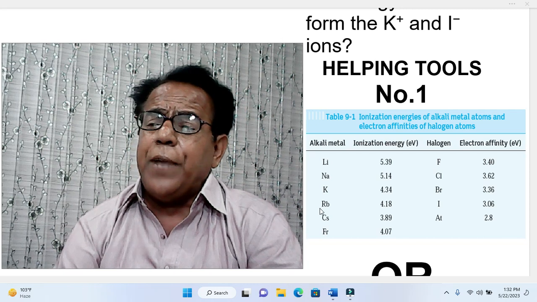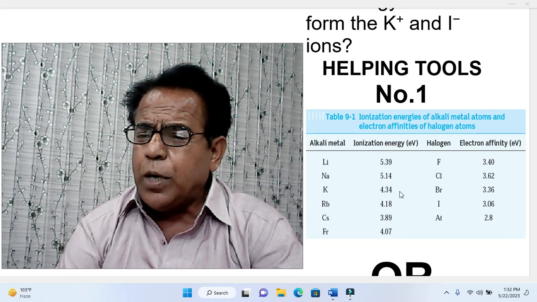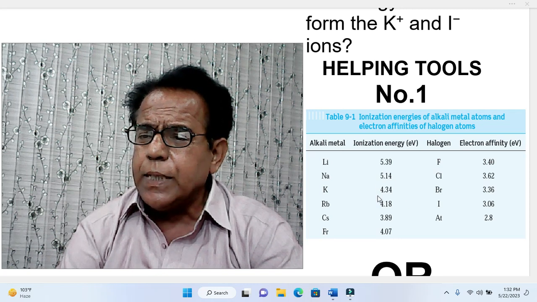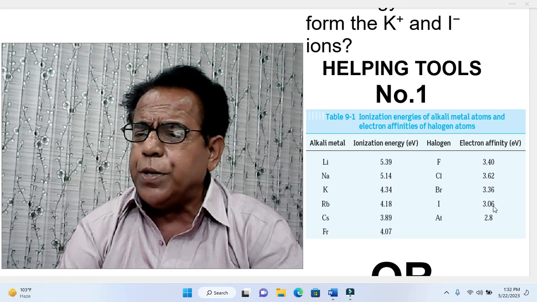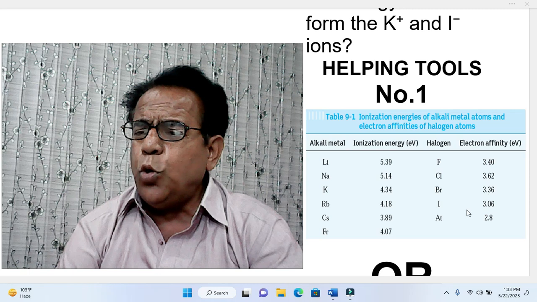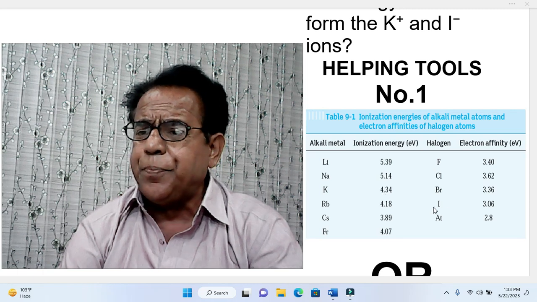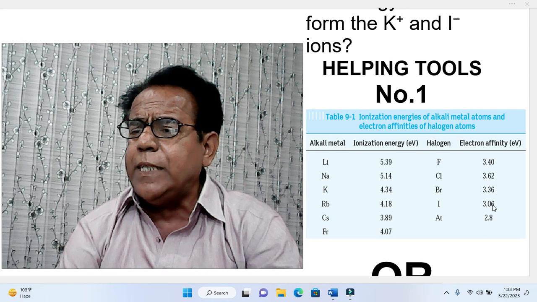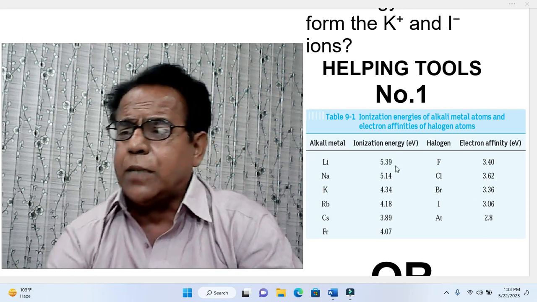Both these values are given in this statement: 4.34 for potassium ionization energy and 3.06 electron volt for iodine electron affinity.